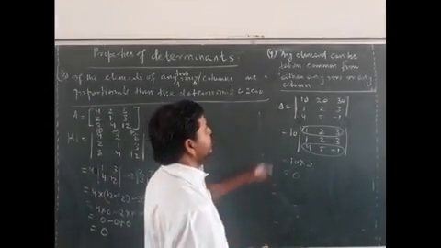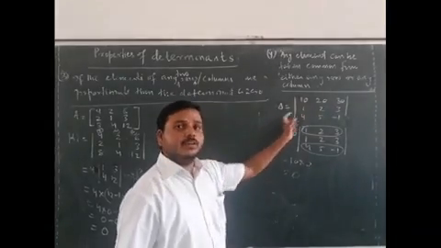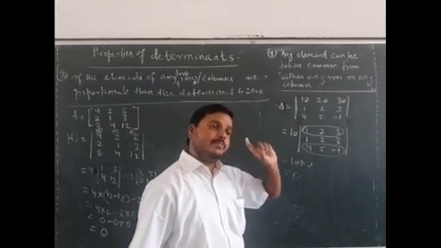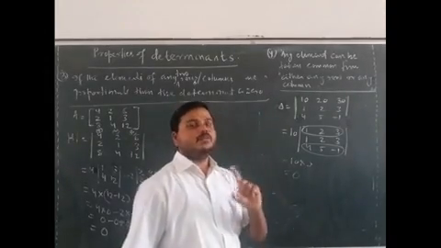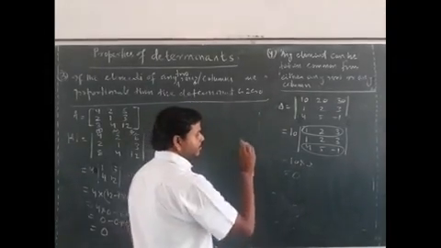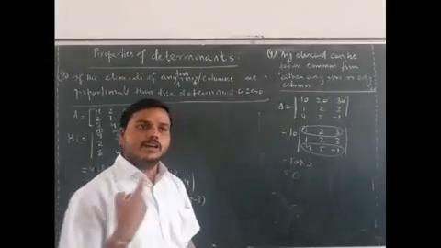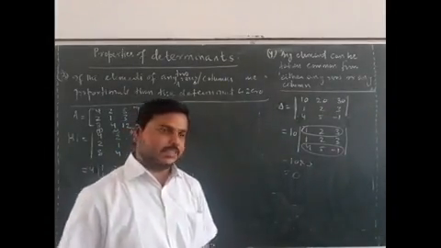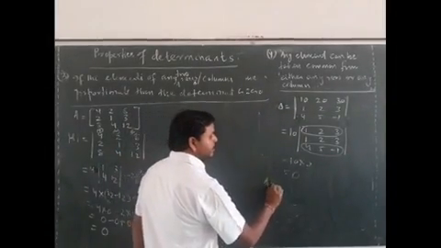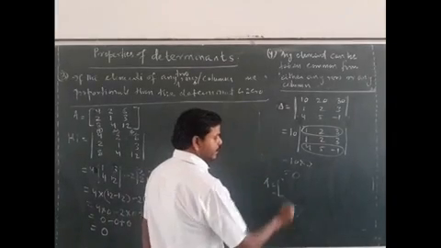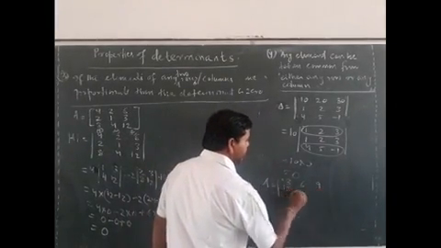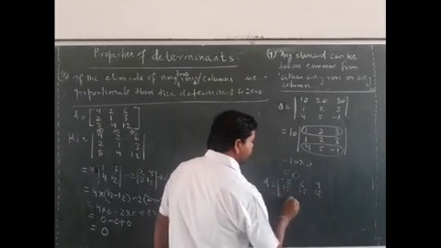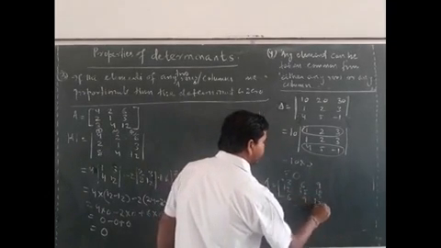So remember, I can take common, but not from all the elements. I have to take common from any one row or any one column. Now, remember, that makes a difference between determinants and matrices. For example, if I have a matrix A: 3, 6, 9, 12, 15 and 18, and 6, 9 and 12.